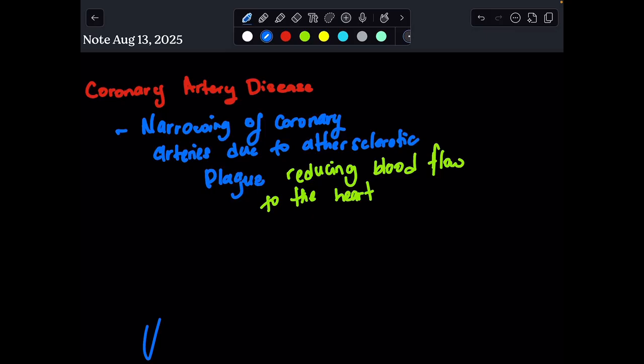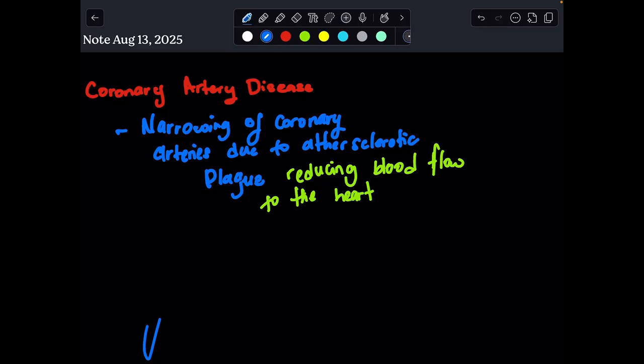So, coronary artery disease, by definition, is just the narrowing of coronary arteries due to atherosclerotic plaque reducing blood flow. So when you think coronary artery disease, just think coronary, the heart. So it's just the arteries in the heart, basically.